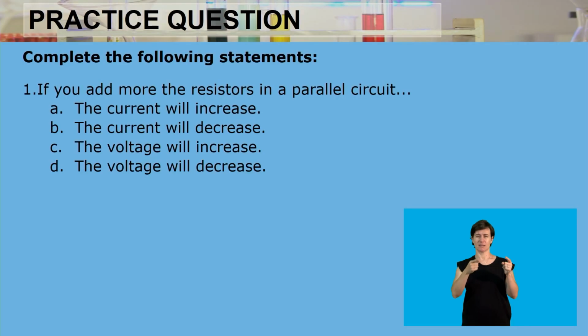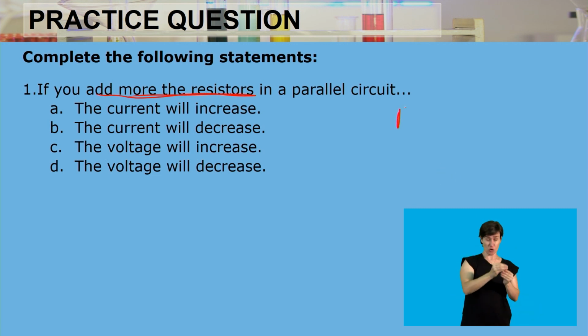So now moving on to the next part of the questions, where we're supposed to complete the statements. The first statement says, if you add more resistors in a parallel circuit, what happens to the current or the voltage? We need to remember that when we are adding more resistors in a parallel circuit, we are actually decreasing the total resistance of the circuit.